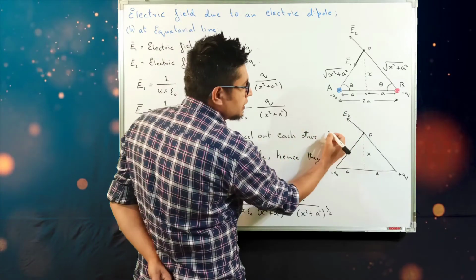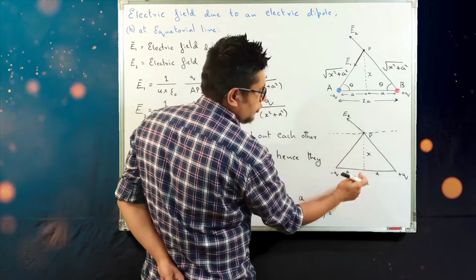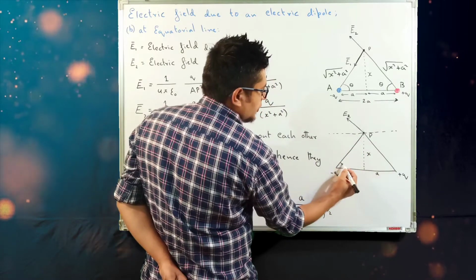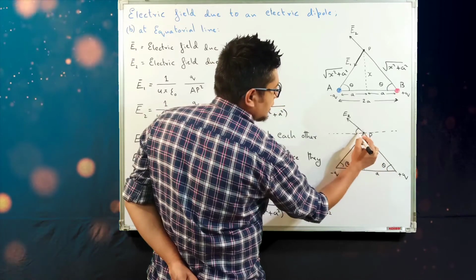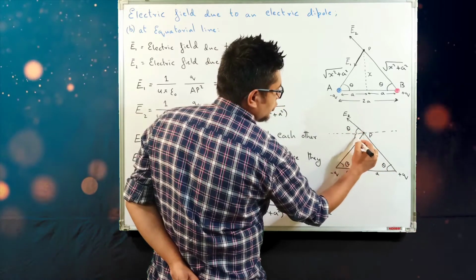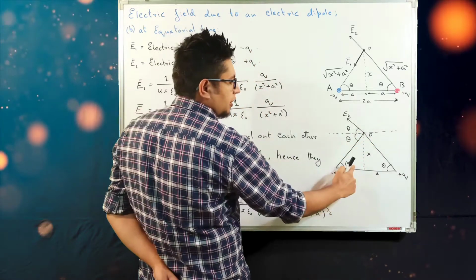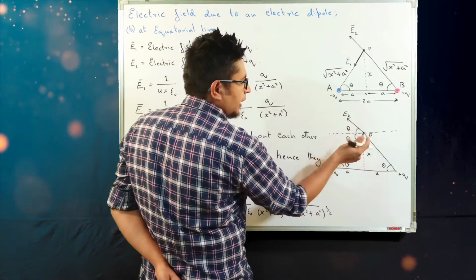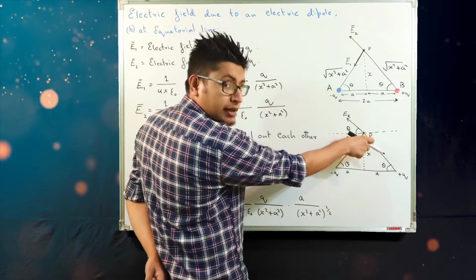Now I take a line parallel to this line, and this is theta, this is also theta. With respect to this, I can take this as theta, and since this angle is equal to this angle, this can also be theta.